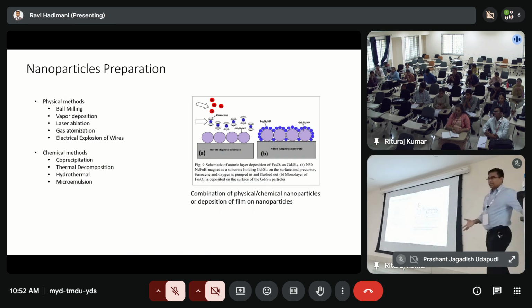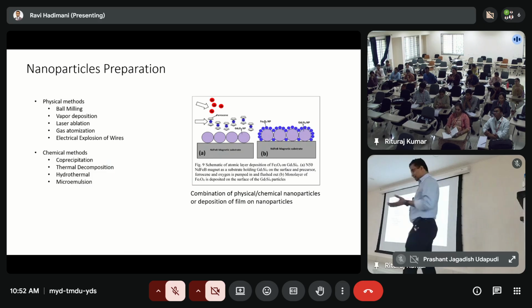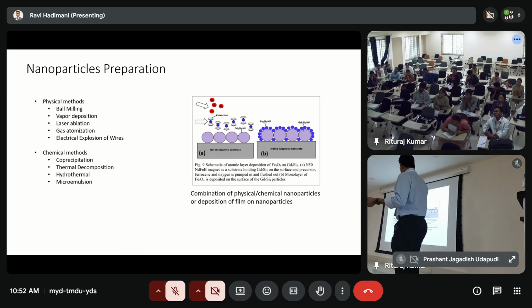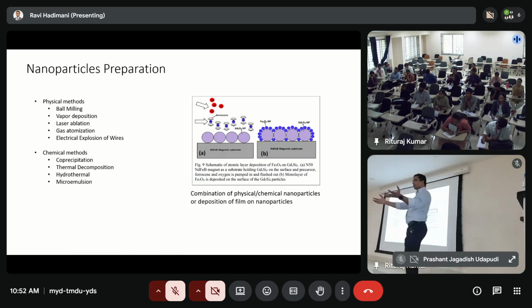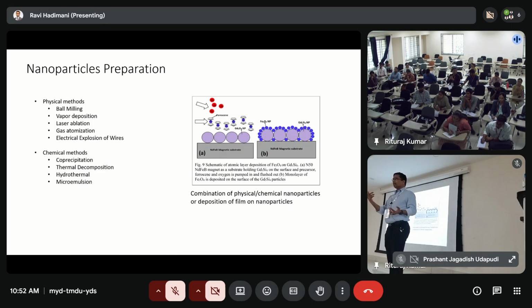Okay, now next is, we did thin films a lot. Now nanoparticles. How do you, I think somebody here prepares nanoparticles. Is anybody working on nanoparticles here? Oh, yeah, I thought you were working on, what particles do you prepare? What material?